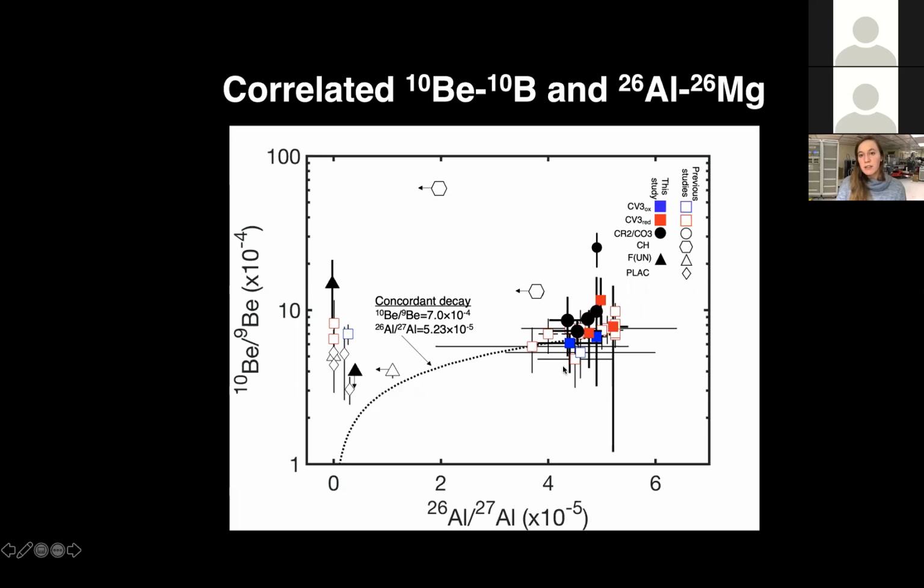But it falls into different populations, some of which are on the concordant decay line, but some of which are outliers. So we can't really say if aluminum-26 and beryllium-10 are concordant or not. They're likely not.